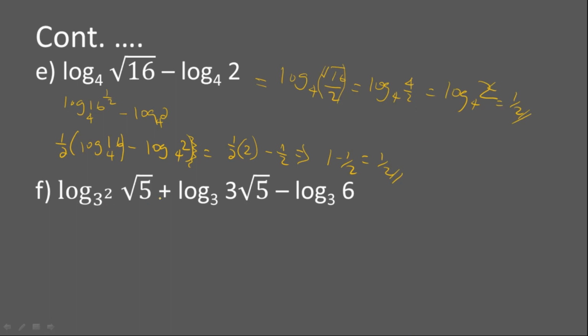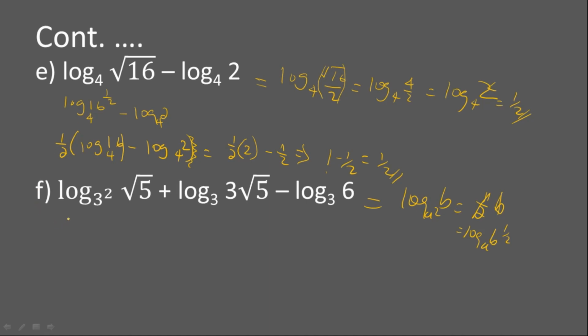Previously we have mentioned that log of the square root of b to the base a can be written as 1 over 2, or just simply log b to the power of 1 over 2 to the base a. This exponent can be transferred to b by making roots.